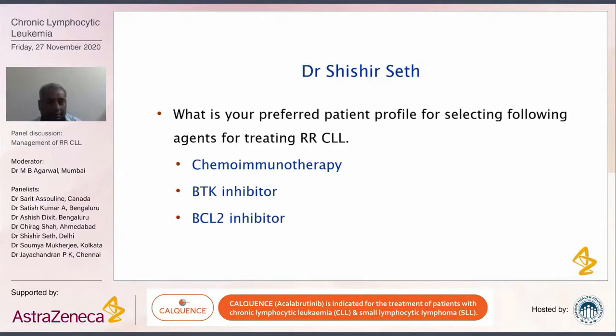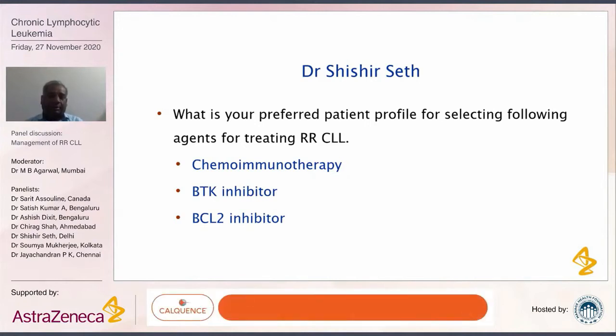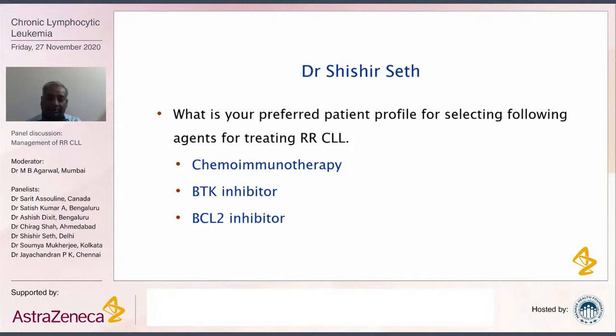So in relapse refractory setting, chemoimmunotherapy now has a limited role, but still, in our country where the finances are limited, chemoimmunotherapy could be an option, especially if the patient had a very good earlier response to chemoimmunotherapy.